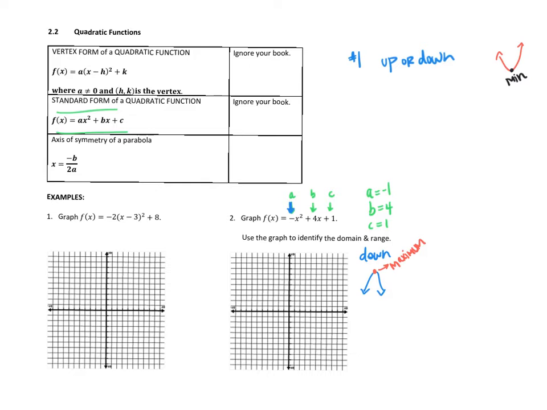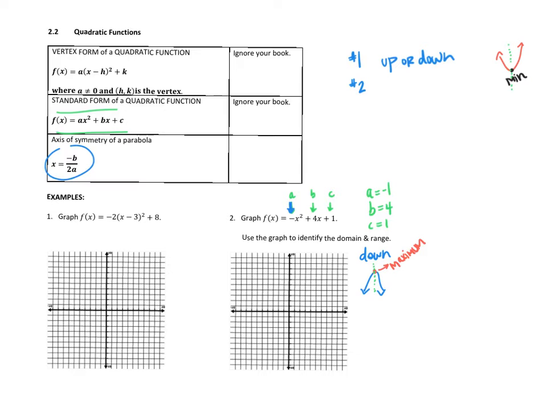So now we need to talk about the vertex. Well, since it's not in vertex form, if we could find the line of symmetry, that would help us, because we know that every parabola, when you draw in the line of symmetry, it always goes through the vertex. So we have the equation for the line of symmetry, x equals -b over 2a.